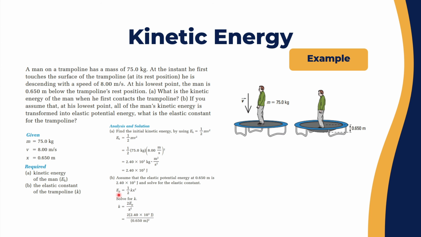Since EP equals EK, that means 2.4 by 10 to the power 3 equals 1 over 2 times K times x squared, which is 0.65 squared. To find K, rearrange the equation: 2EP over x squared would give you 2 times 2.4 by 10 to the power 3 over 0.65 meters squared. And that would give you the elastic constant for that trampoline.